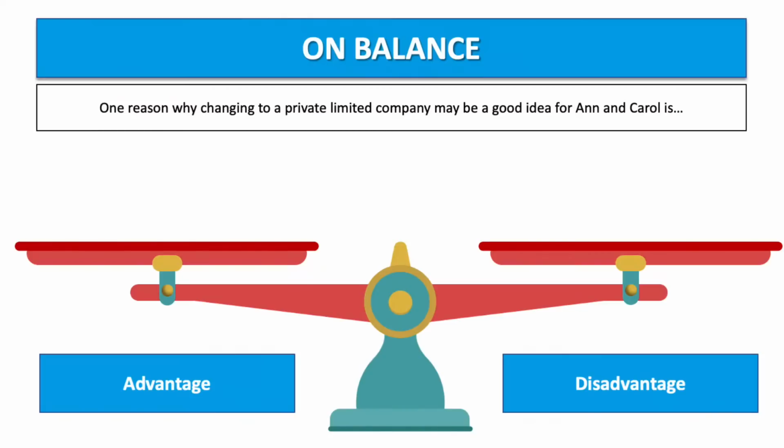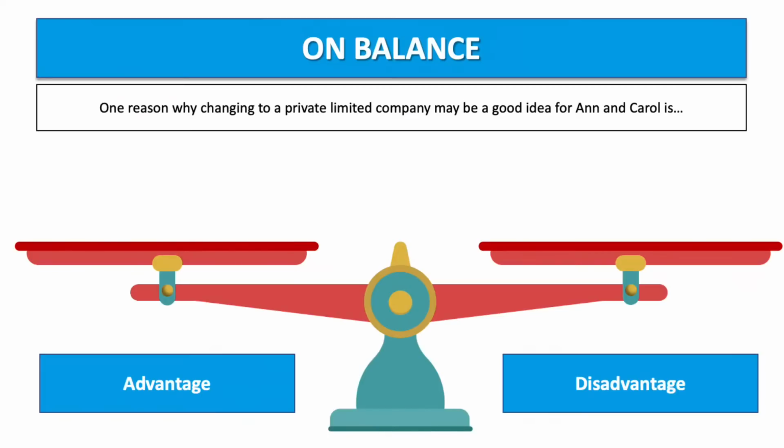A range of different points. What I'm looking for here, the best answers are going to have some reference to Anne and Carol, to the case study that Susan has just been through with you, to be able to think about that. So lots of people saying things like limited liability, some people saying less privacy.